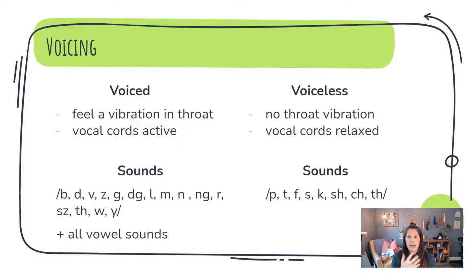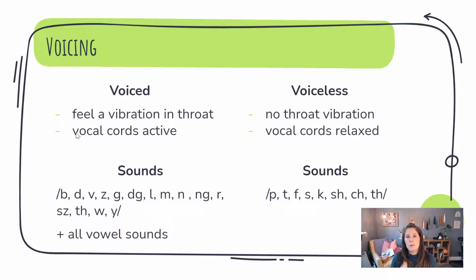Voicing is a feature in which we talk about the vocal cords. As I said, the shape of the mouth, lip, tongue, teeth placement can all be the same, but whether or not we're using the vocal cords is going to create 2 different sounds. In a voiced sound, we have active vocal cords. And when our vocal cords are active, we can touch our throat right here and we can feel a vibration.